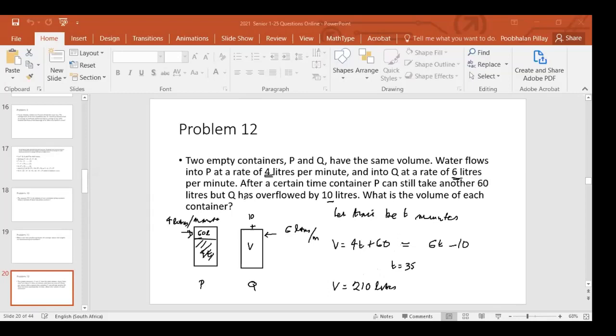So this is a good example of where you got two unknowns, and you use this information to create equations. But you have to do it in a slow way and see exactly what you are doing to calculate what. So here, because we are given a rate problem, so many liters per minute, and you know after so many minutes, after a certain time, something happens, you don't know what the time is, give a name to that.